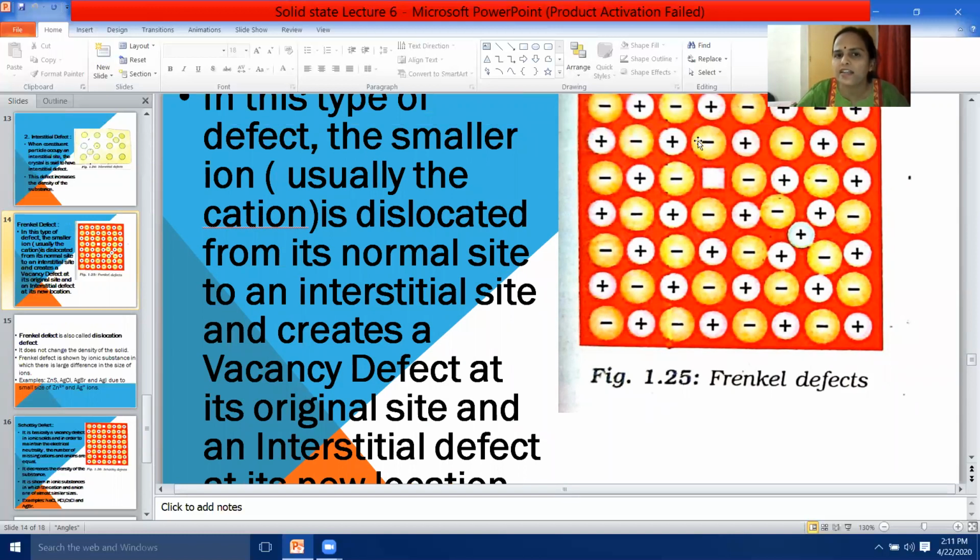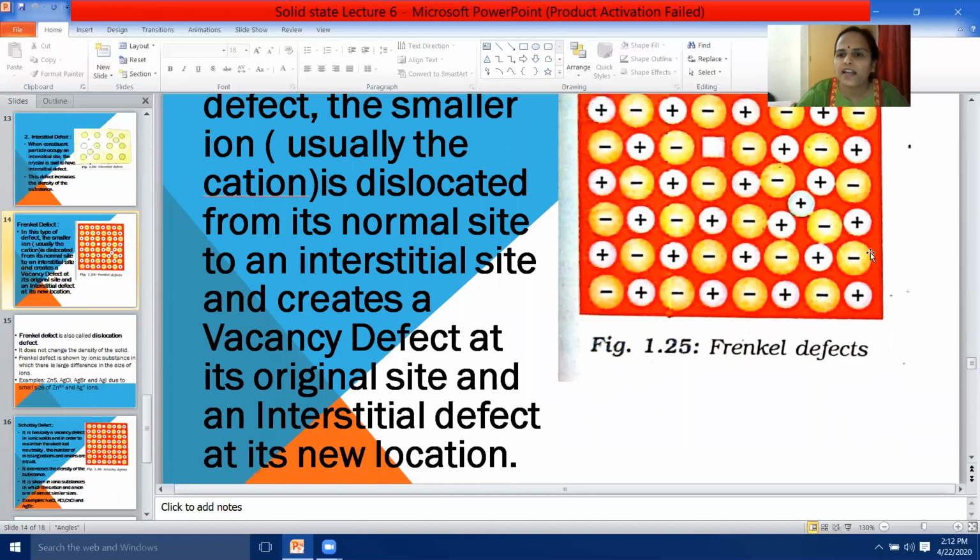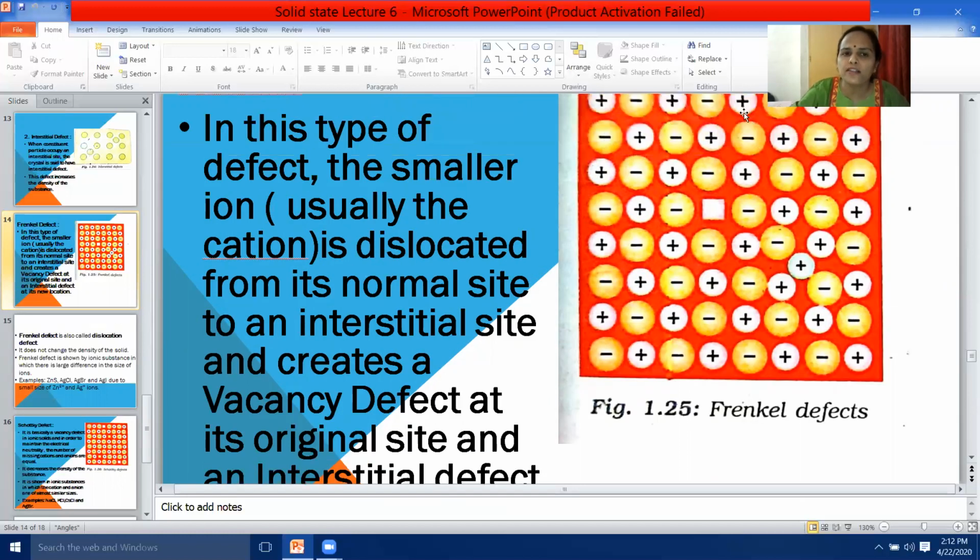So you see it has occupied this interstitial site and this has created an interstitial defect at its new location. So this is Frenkel defect.